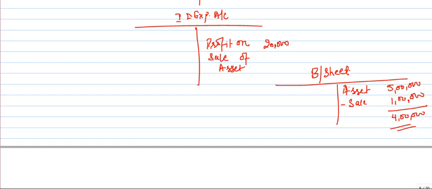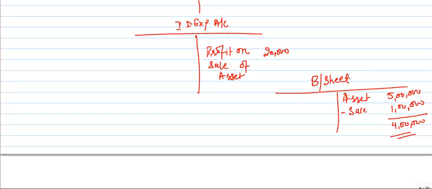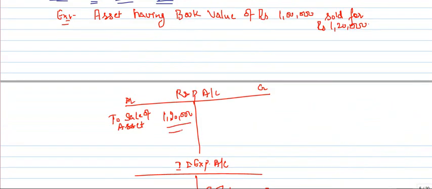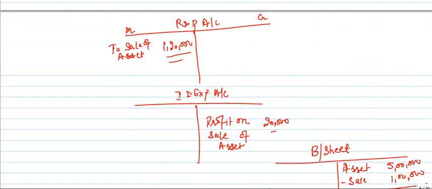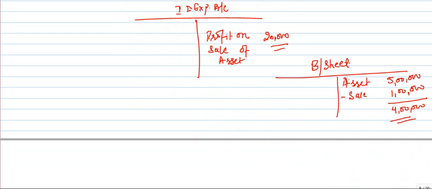Similarly, you will show only the profit on sale of asset. The rest of the value of 1 lakh will be shown in the balance sheet, subtracted from the total book value of the asset. Out of this 1,20,000, 20,000 is recorded in the income and expenditure account and 1 lakh in the balance sheet.